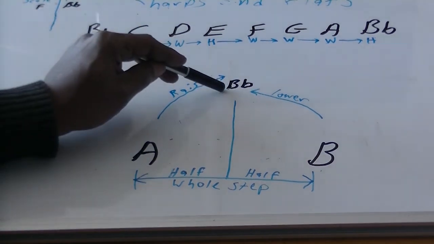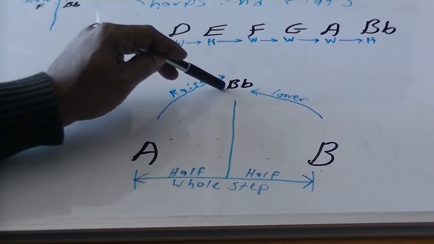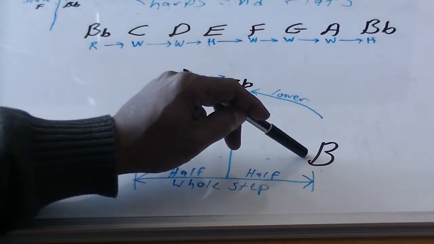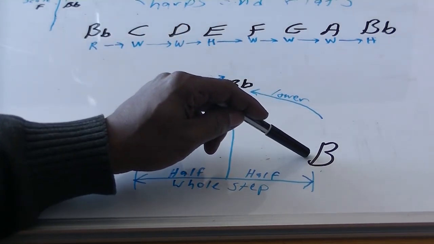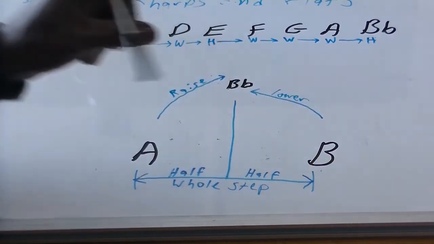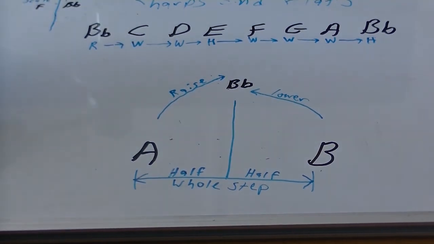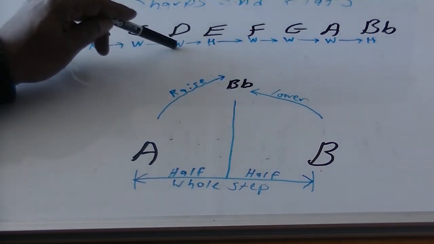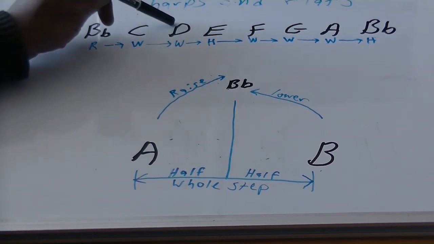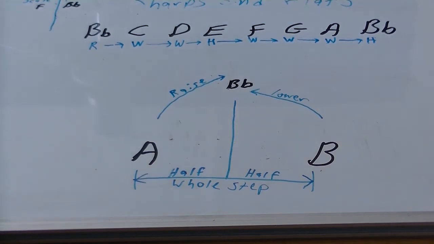Well, if we go up a half step from the B flat, we'll get to the note B. But we need to go one half step more. So if we're at B and we go up a half step, we have C. So C is the correct note. So we're at C, we need to go up a whole step, and that will give us D.